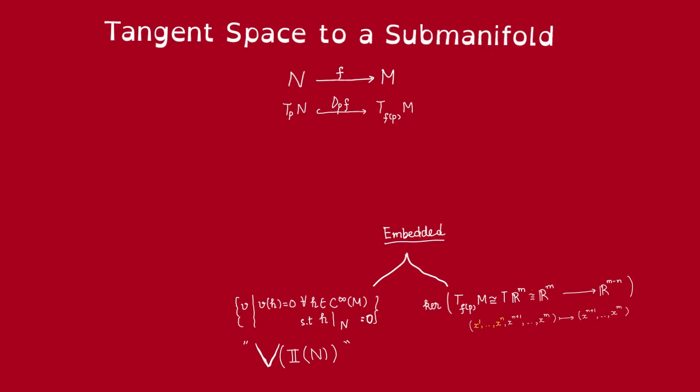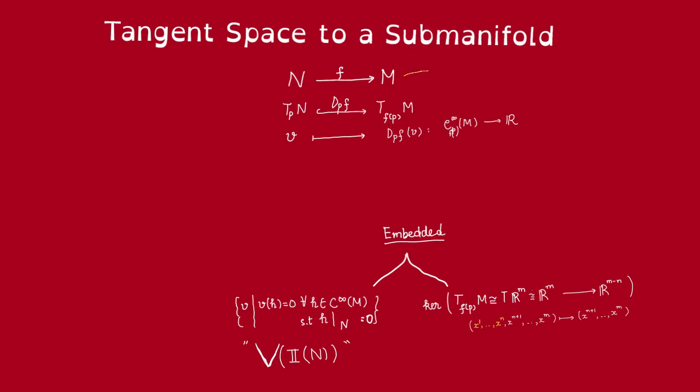To understand this characterization, let us first review what this map is if we're viewing tangent vectors as derivations. Let's take a vector v in this tangent space, so that it's a derivation on the germs of smooth functions here. We want to define its image. Its image should be a derivation, but now on the germs of smooth functions at f(p).